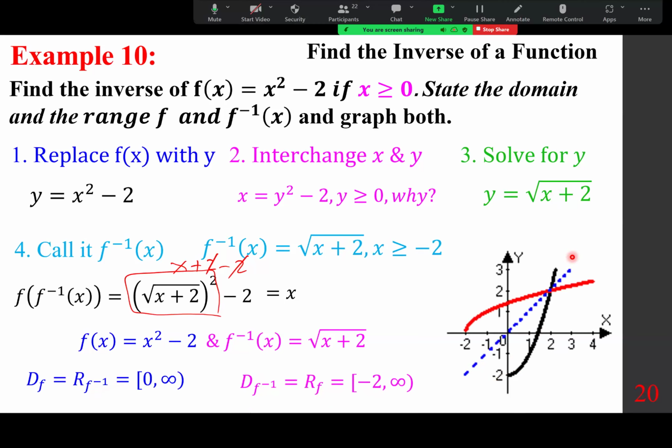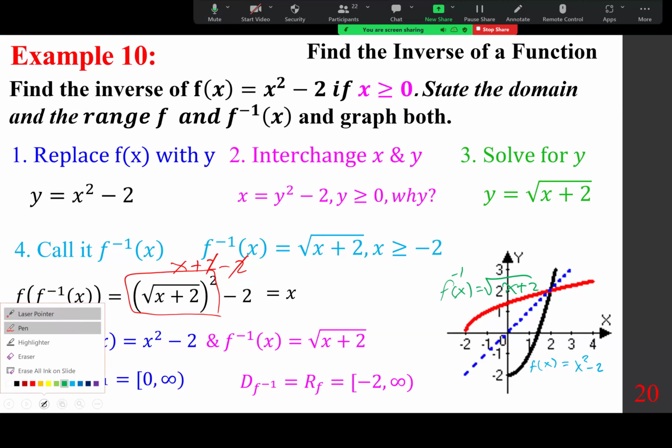So this is f of x, which is x squared minus 2. This is f inverse, which is the square root of x plus 2, the red one.